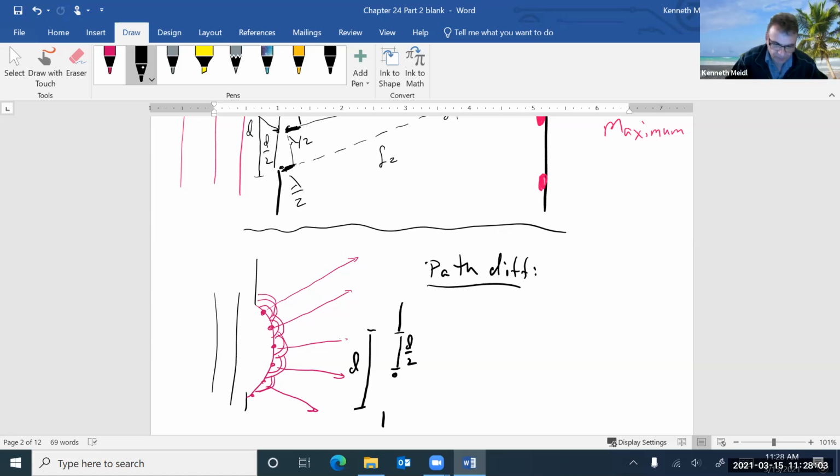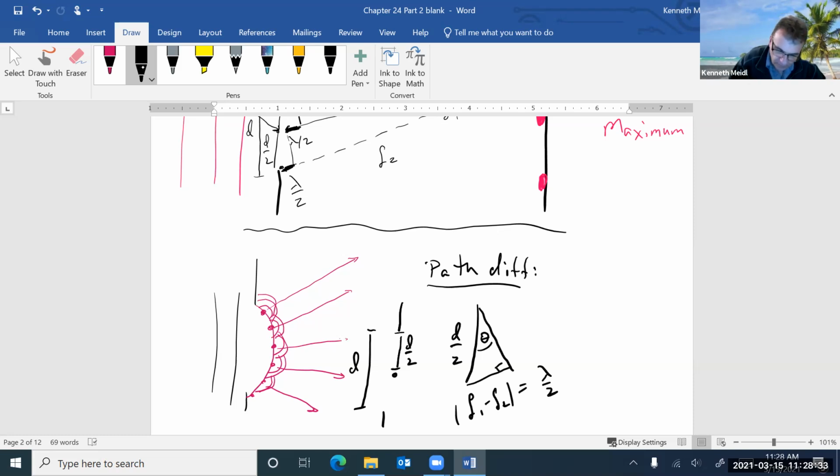When you start drawing your triangle, it looks something like this, where that's D over 2. And here's that angle that's always kind of an issue, and here is the path difference. And that has to be something like half of a wavelength for us to get a dark spot there.